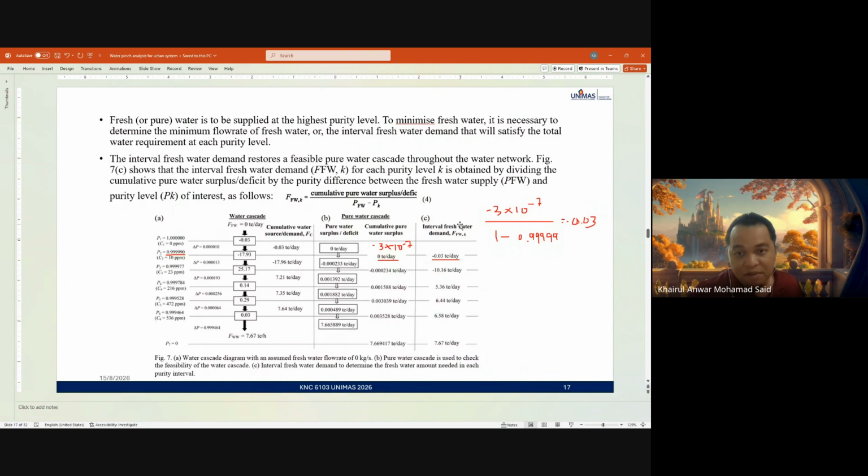For interval freshwater demand, you need to find the largest negative value. That largest negative value is the target, meaning it will turn into the pinch. So we target 10.16 tons per day of fresh water, without any generation. This is the amount of fresh water needed for this system.